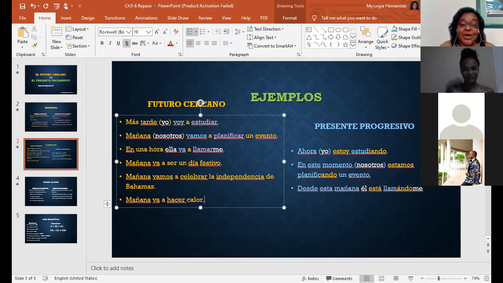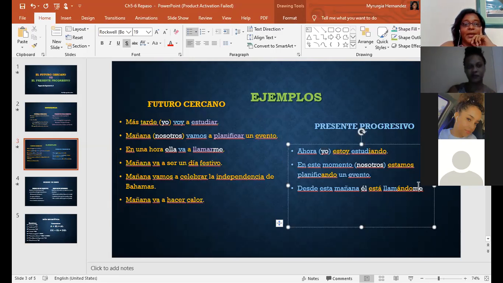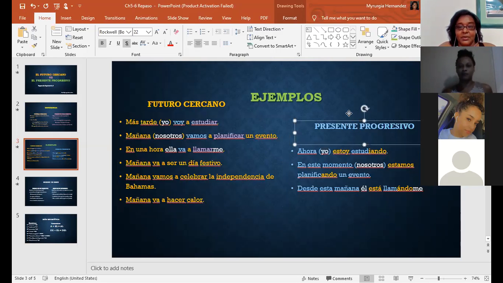But it is going to have to be conjugated, because we always conjugate the first verb, but the second one is not. Okay? Entonces, mañana va a ser. So, I'm going over this because we cannot keep introducing concepts without making sure that we establish the difference. All right? ¿Comprende? Sí. Okay. Now, do we have any questions with futuro cercano?